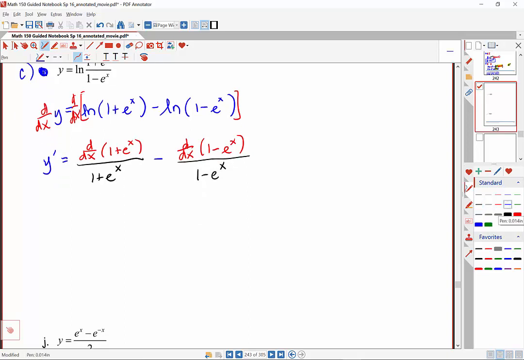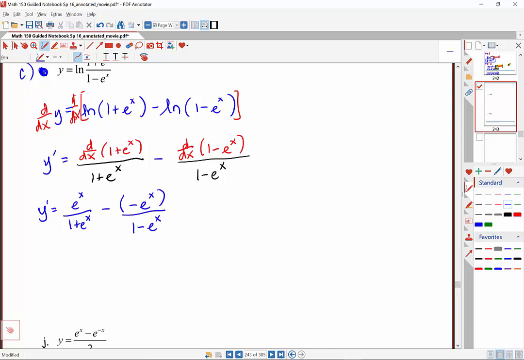Alrighty, so we will have y prime is equal to, so that derivative in both those numerators is going to be e to the x, right? Because you'd get in the first one 0 plus e to the x, and that's going to be over 1 plus e to the x minus negative e to the x, right, over 1 minus e to the x.